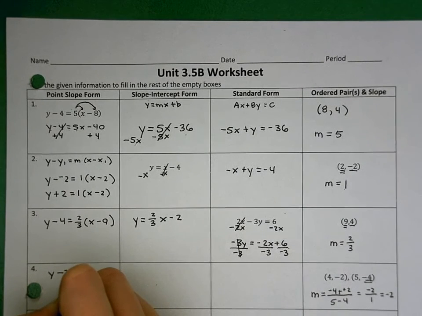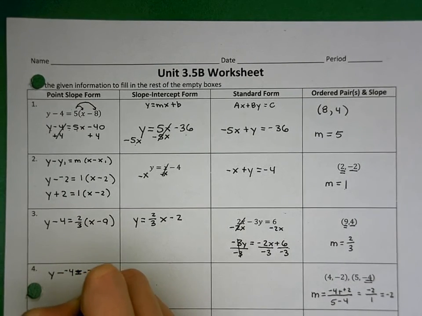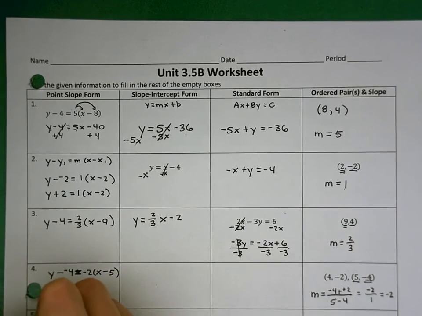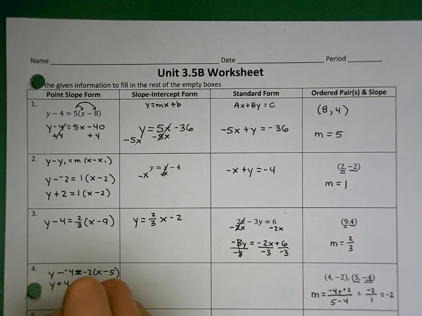equals my m x minus my x1, which is the same thing if you clean this up as y plus 4 equals -2x minus 5.